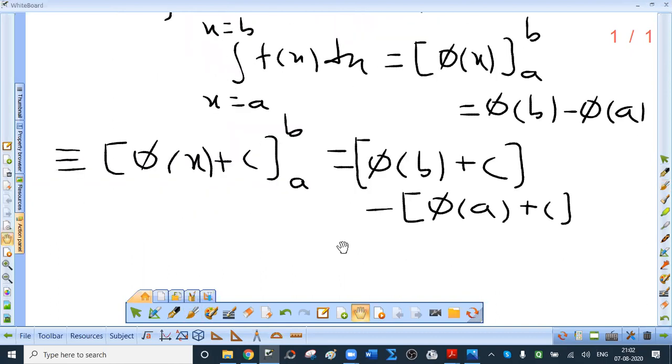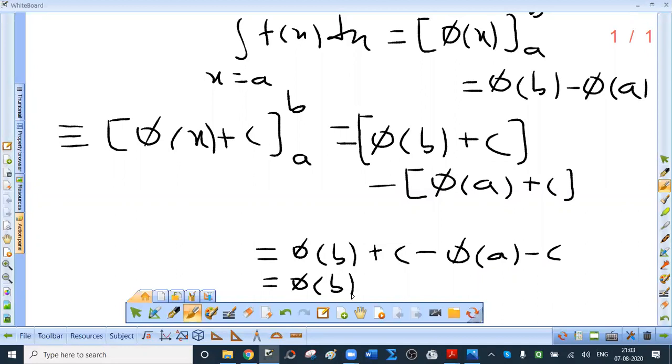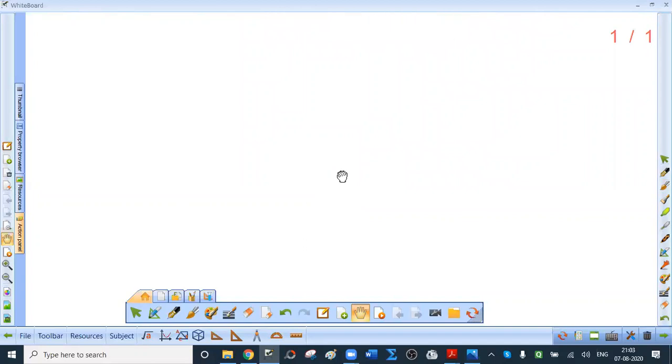Now open the bracket and see what you get. This is nothing but phi of b plus c minus phi of a minus c, and that is why the constant of integration does not appear in this case, and that is why it is called a definite integral.